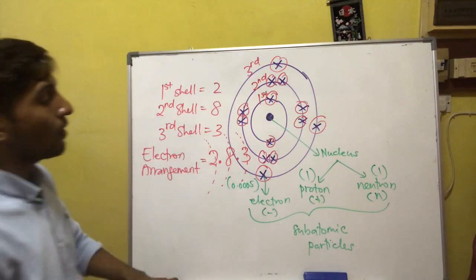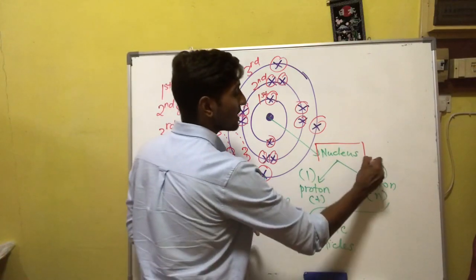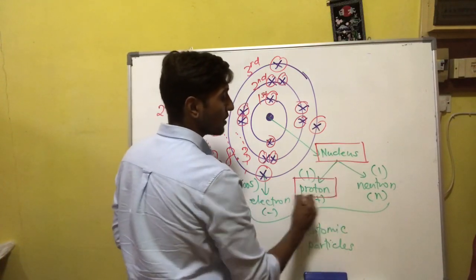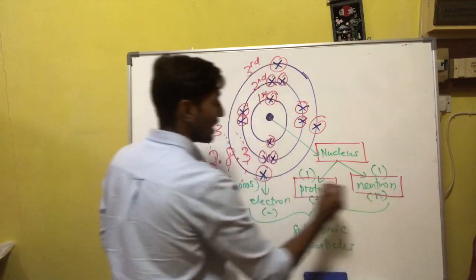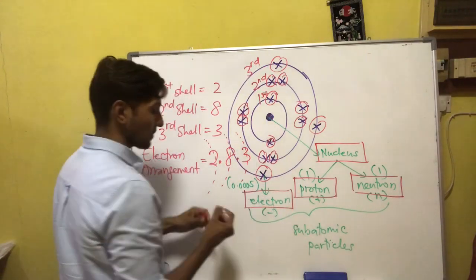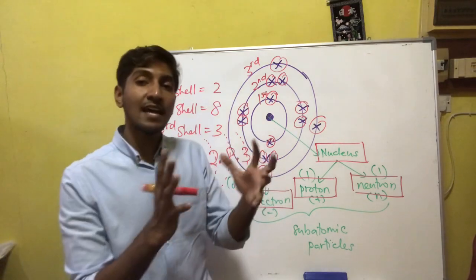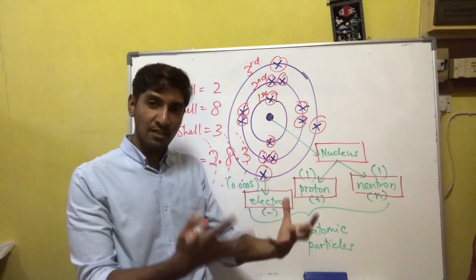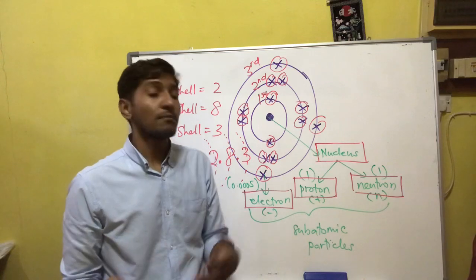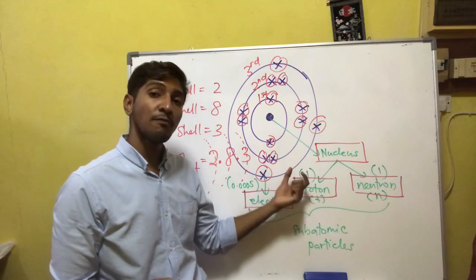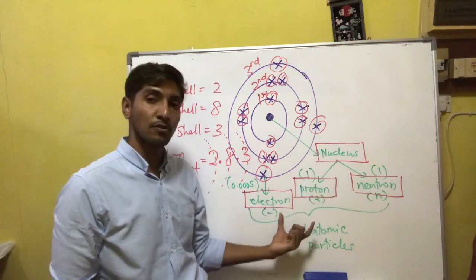Therefore, now, when we mention nucleus, we mention proton, we mention neutron, and we mention electron, there are numbers that we're playing with. So, in a certain atom, there is a number of electrons. When there is a number of electrons, there is also the number of neutrons and protons.